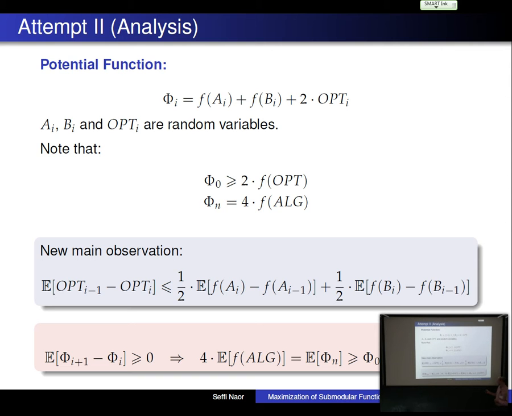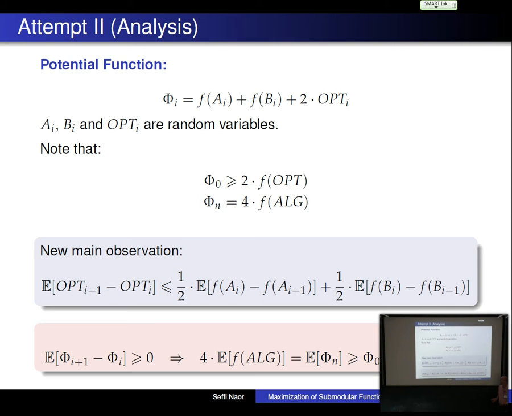And this gives us the result that we wanted, that f of alg is bigger than or equal to half f of opt. I won't go into the details of the proof, they are not complicated. Okay, so this is our algorithm.